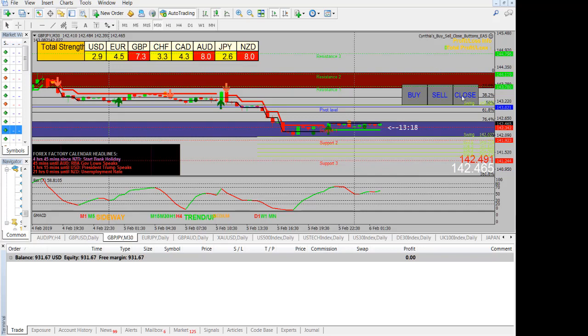So if you want to close the trade, just click close and it'll close your trade. The buy, sell, close button is a one-click button for any function, and inside is the trade manager. So there's a trailing stop trade manager that will actually book half of your lot size when it reaches your desired number of pips.